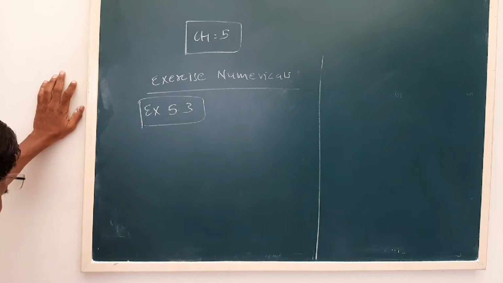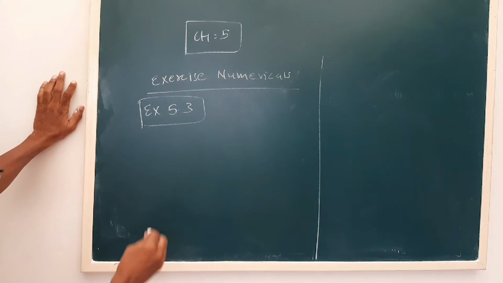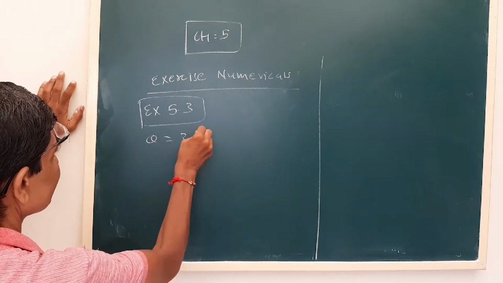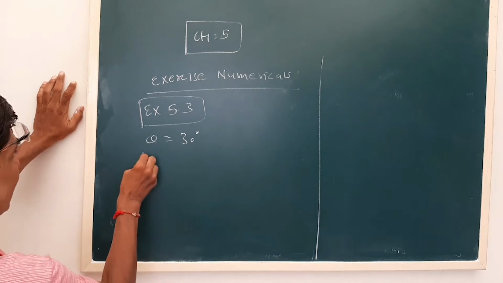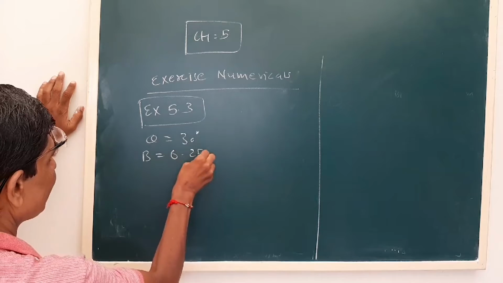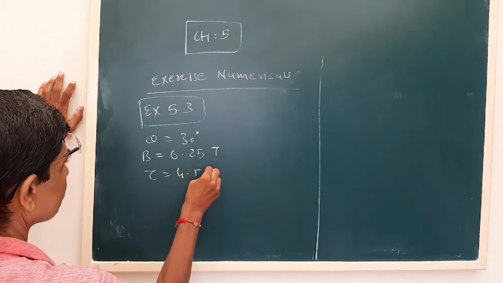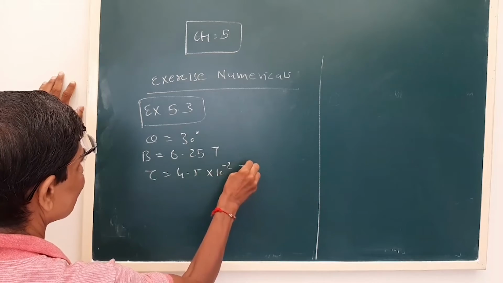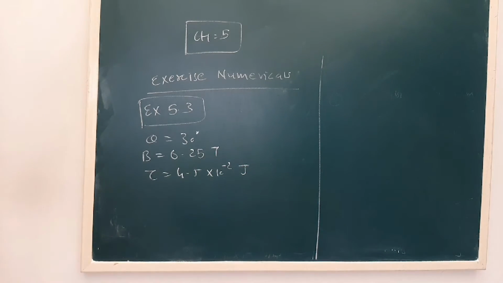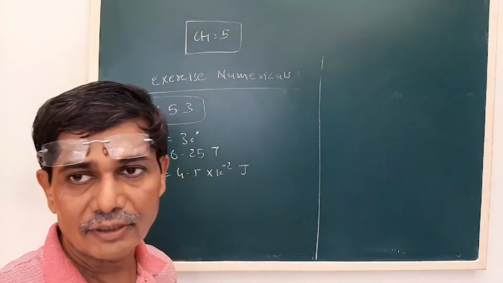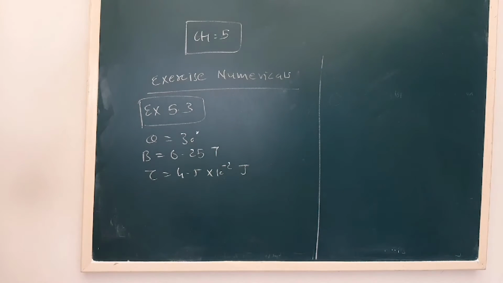Okay, now see, a short bar magnet is placed at the angle of 30 degree in a uniform magnetic field of 0.25 Tesla and experiences a torque of some Joule. Now see, the unit of torque and work is same, so that's why unit is Joule.